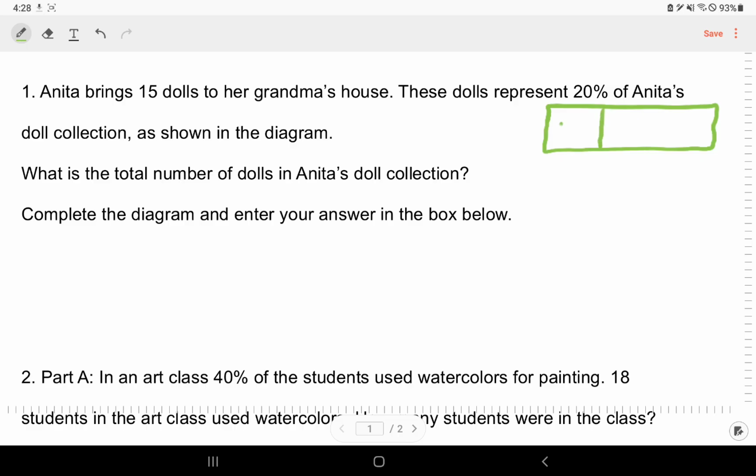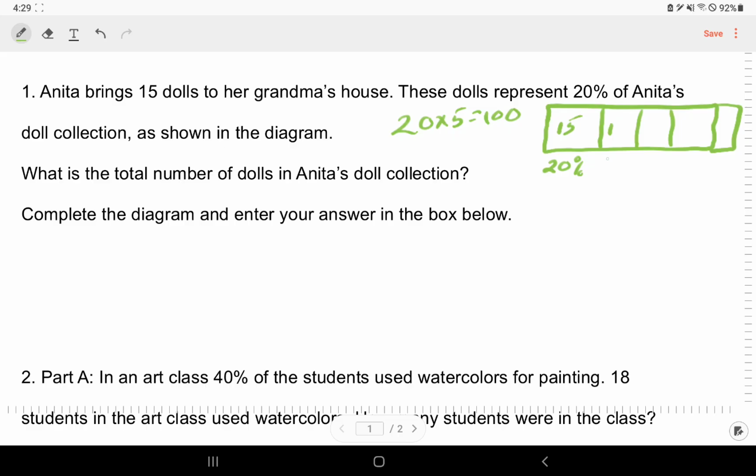We've got $15 here, and that's 20% of the diagram. Well, if that's 20%, that means it's 1/5, because 20 times 5 is 100. So that means we need 5 sections. 1, 2, 3, 4, 5.